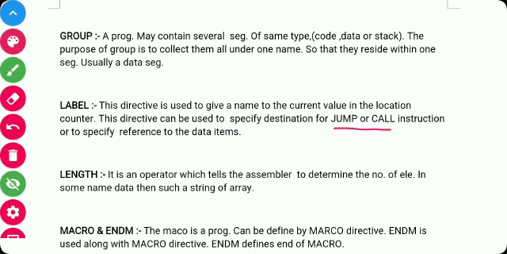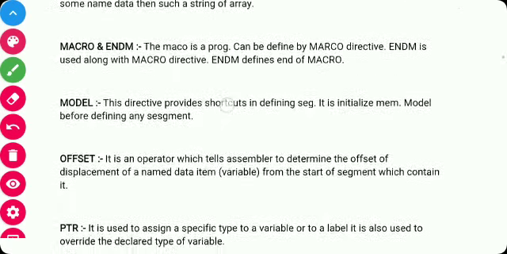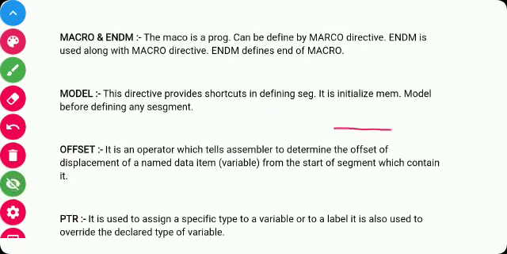LENGTH is an operator which tells the assembler to determine the number of elements in a data item. Then next are MACRO and ENDM. MACRO is used to define or start a macro, and ENDM is used to end that macro.